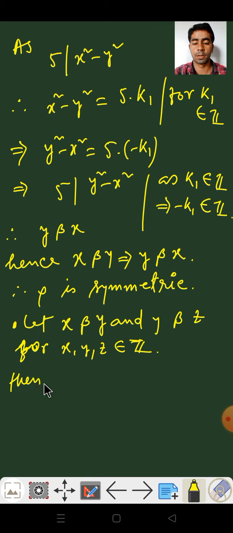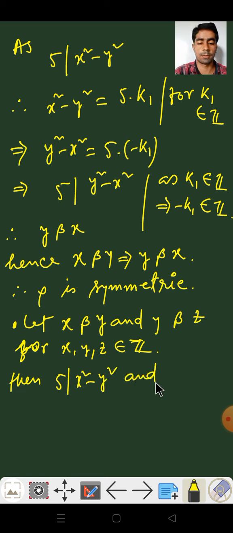Then we have 5 divides x square minus y square and 5 divides y square minus z square by the definition of the relation given.